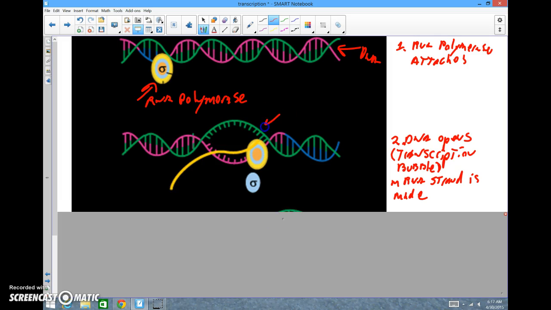And that's key to understand, that this DNA will open so that the RNA polymerase can attach and work its way down. Now, where the RNA polymerase opens the DNA, that's known as a transcription bubble. A little part of it's bubbling out.